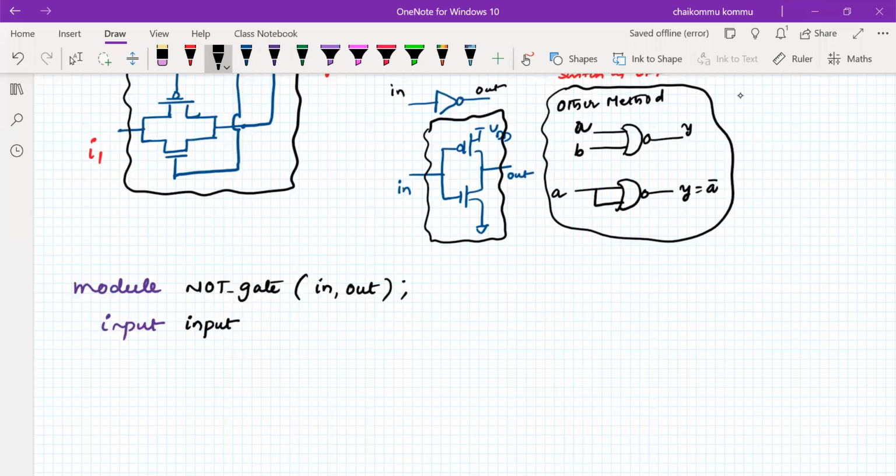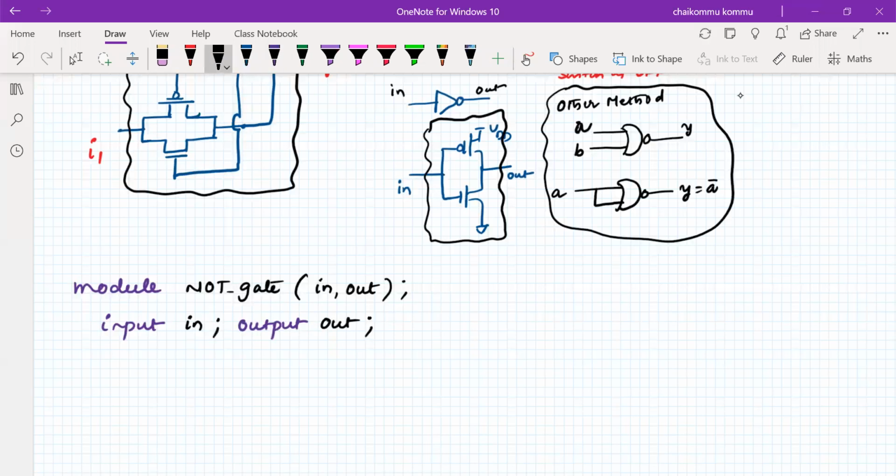We should not write the name as 'i', because it is similar to another keyword. Another point is that we have written i and in at the top level, so the same name we have to use. Please don't forget to write that. But it is better to write it as in. And the output is out.